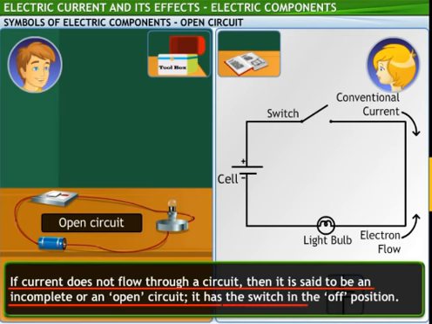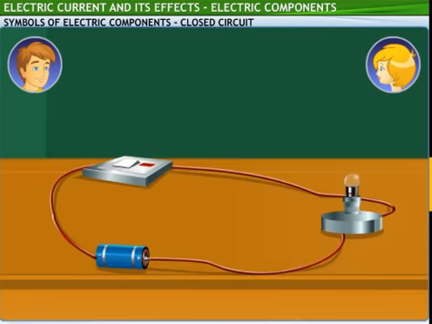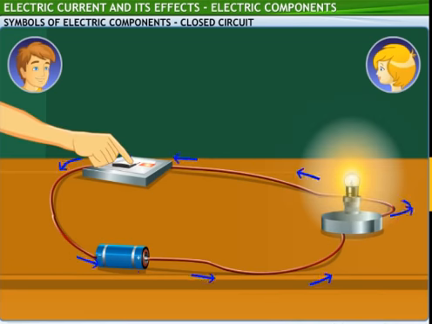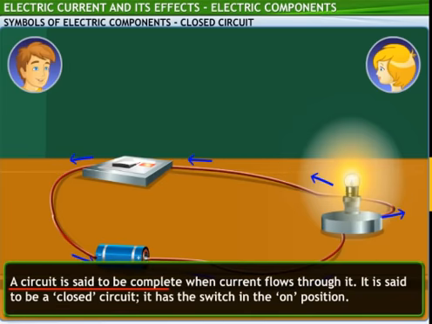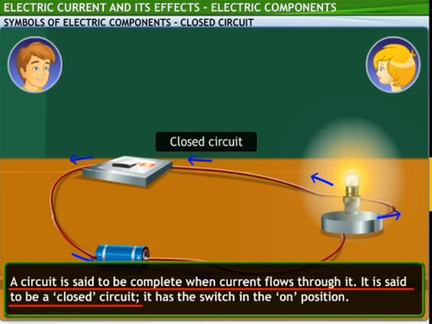It has the switch in the off position. Let me flick the switch to on. Wow, the bulb is glowing now. That's because now current is flowing through the circuit. A circuit is said to be complete when current flows through it. It is said to be a closed circuit. It has the switch in the on position.